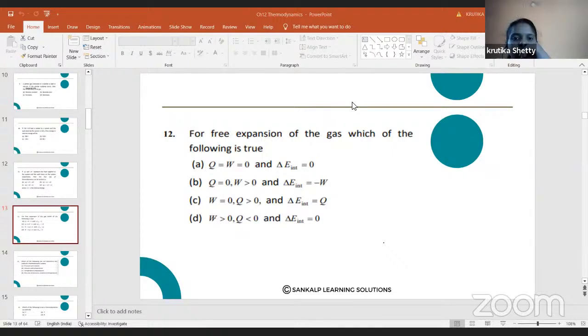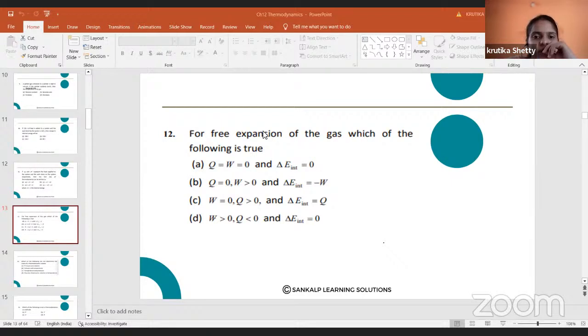Next, delta Q is equal to 0 and W is greater than 0 and internal energy is negative. Work done is 0, Q is greater than 0 and internal energy is equal to Q. Then work done is greater than 0, heat is less than 0 and internal energy is equal to 0. Yes, it is A, B, C, D.